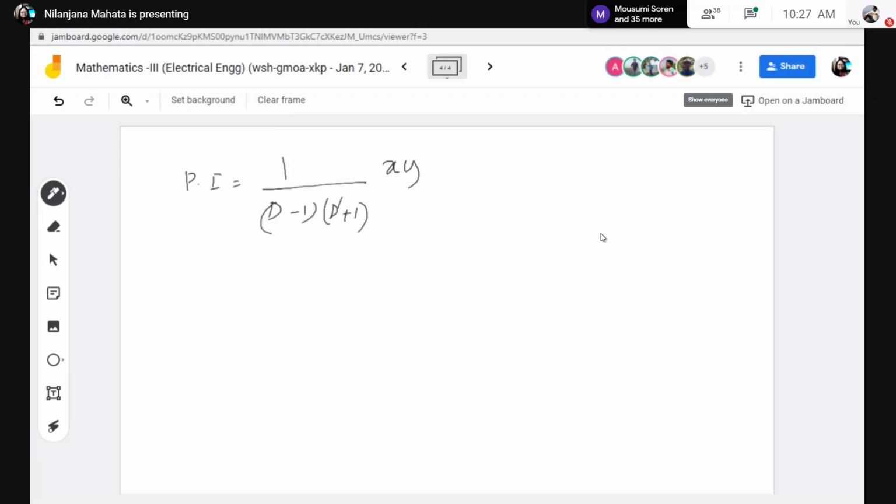And previously what you have done, if suppose it was in terms of x only, this I can write as 1 plus d dash, minus 1, operated on xy.